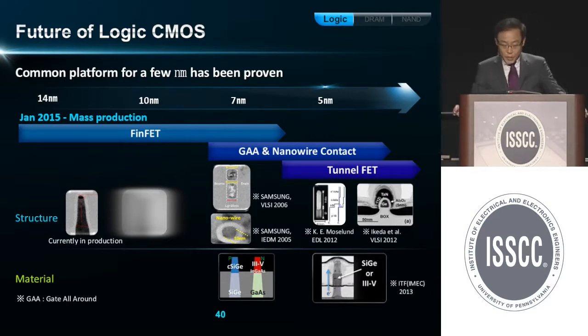But one thing I would like to point out here is that whatever the structure and materials we choose, it must be well matched with existing silicon infrastructure. Otherwise, it might not be economically viable.